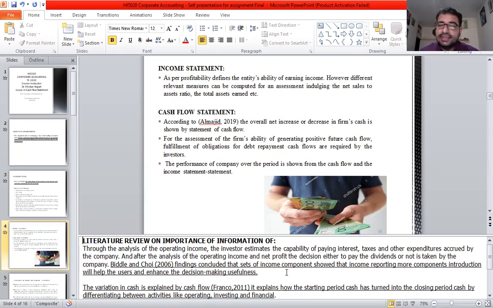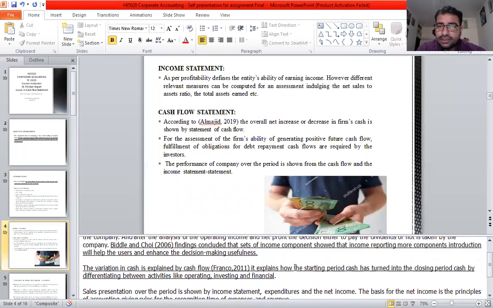As written in Biddle and Choi 26, findings concluded that the set of income components showed that the income reporting with more components introduction will help the users and enhance the decision-making usefulness.